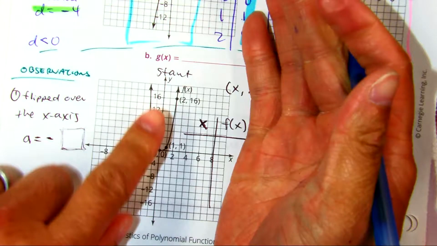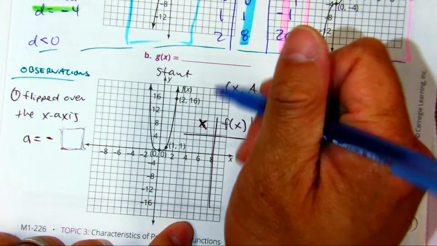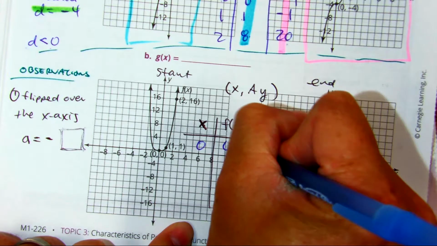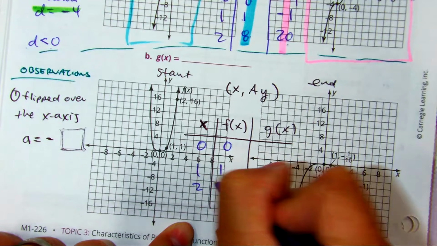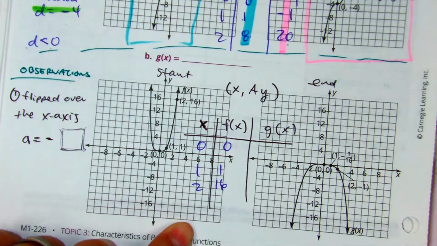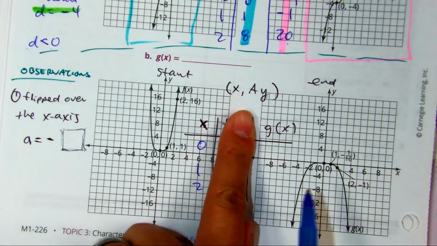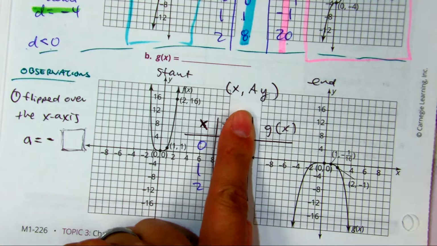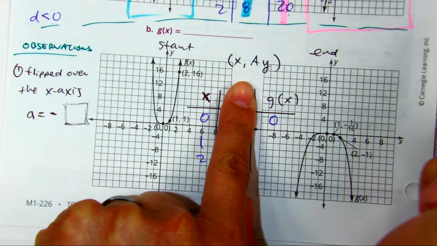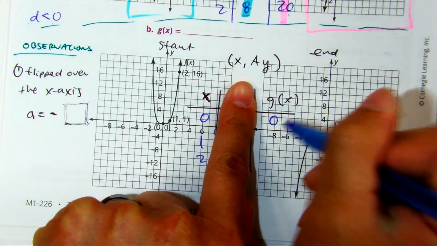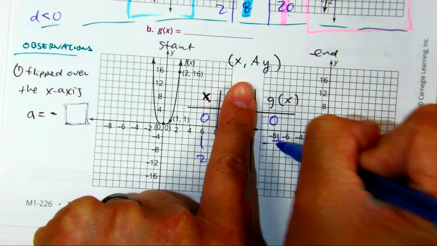This side. Start over here. (0, 0), (1, 1), (2, 16). Okay, Jenny. Tell me all the coordinates now on g(x), the right graph. (0, 0).